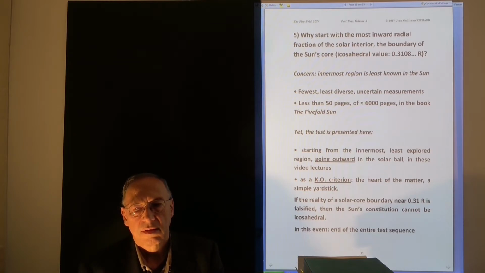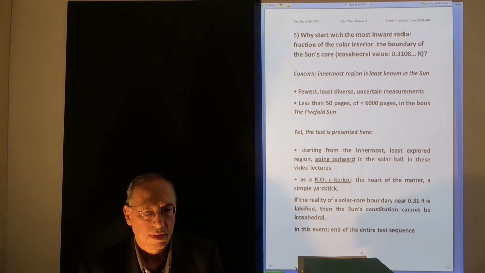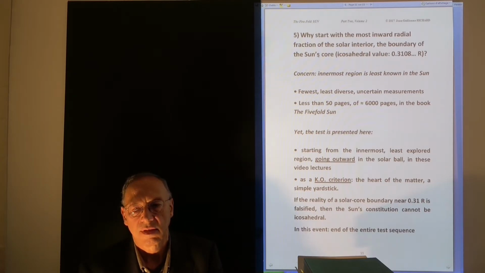If there is not a core having a radius of about 0.31 radius fractions of the photospheric solar radius at the core of the Sun, then the Sun's constitution cannot be icosahedral. And in this event, we do not have to go further, and we save a lot of time.